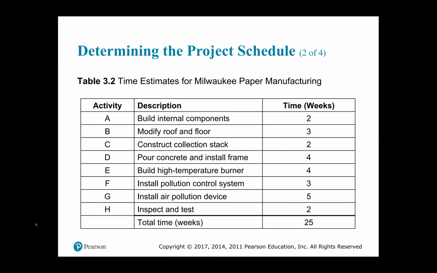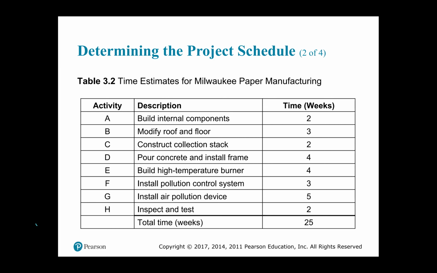All right, so here on the work breakdown structure that has a time inserted in the table, you'll see that activity A will take 2 weeks, or requires 2 weeks, to be completed. Activity B, 3 weeks. Activity C, 2 weeks.